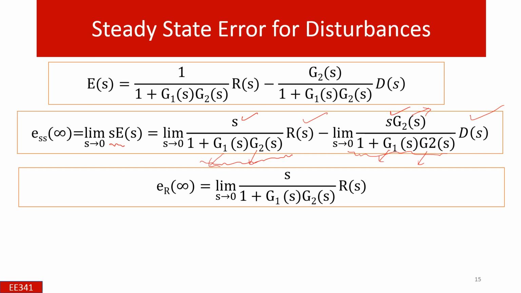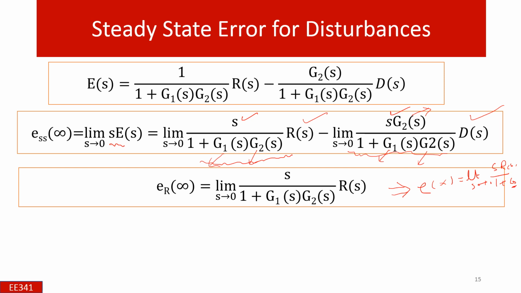This is a similar value we have already seen. The steady state error is equal to the limit as s goes to 0 of s R of s over 1 plus G of s.